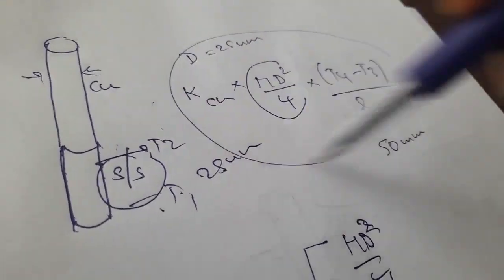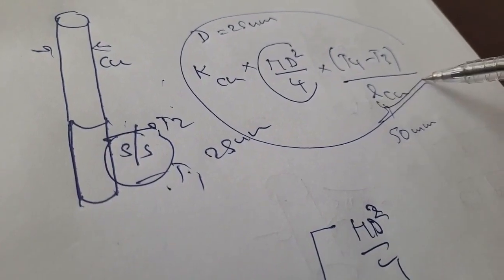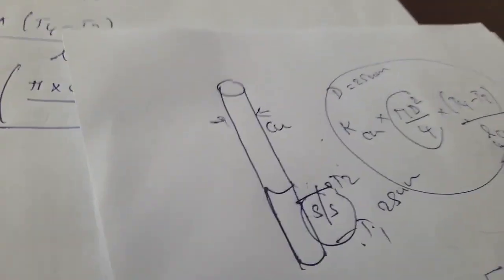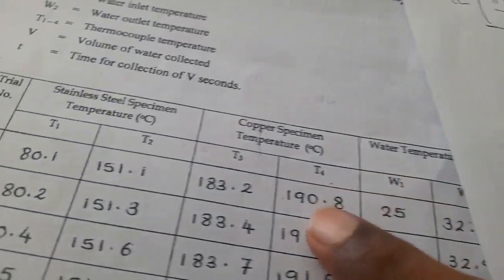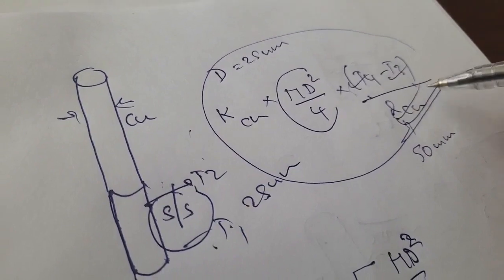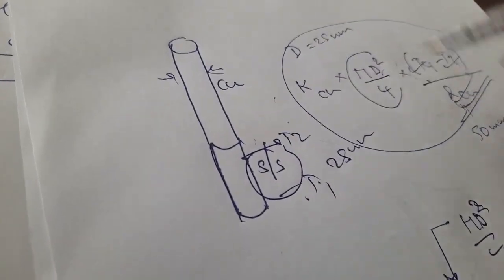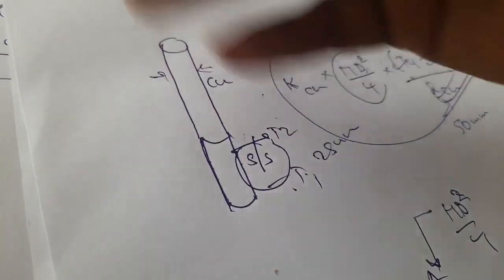Then this side you know, because T4, T3 you know, you can apply L, and the diameter you know. Then this side you can equate with the heat absorbed by the cooling water system.